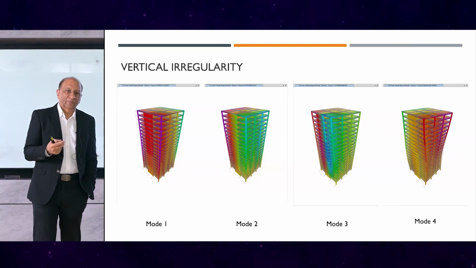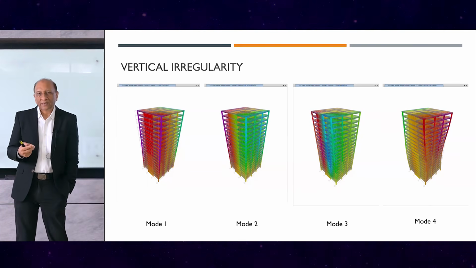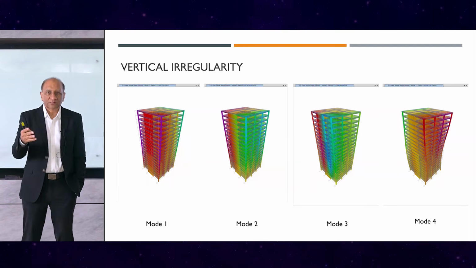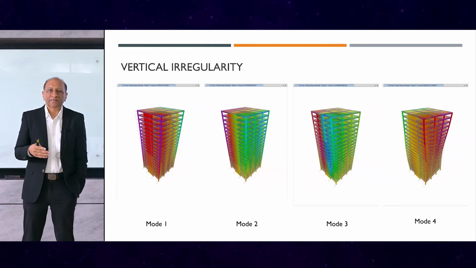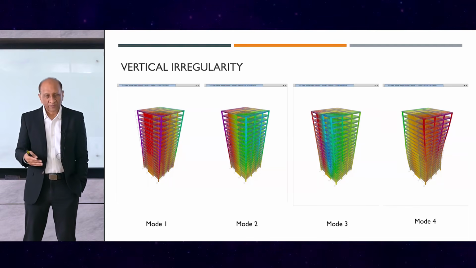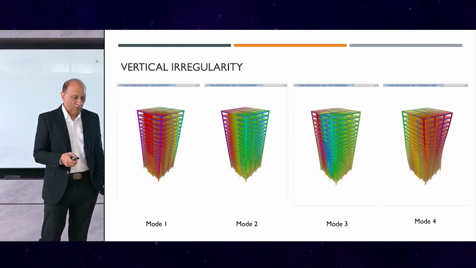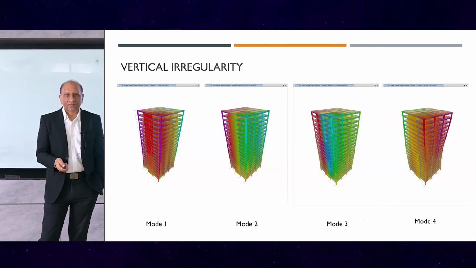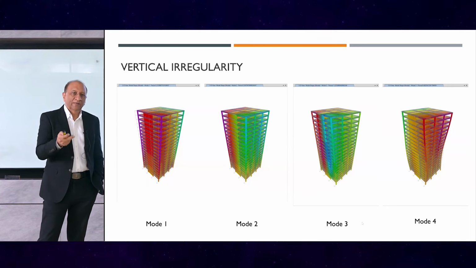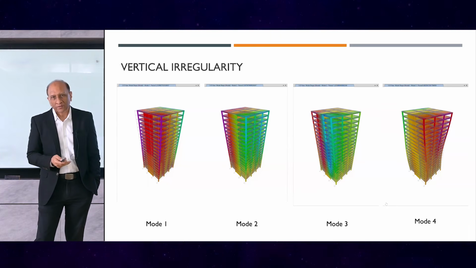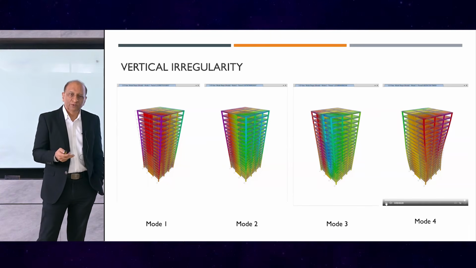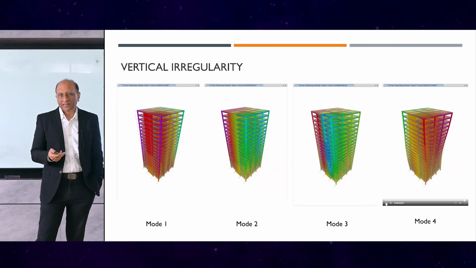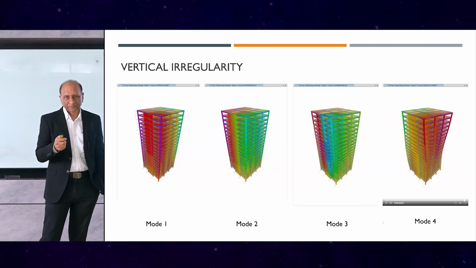So the movements are now becoming highly unpredictable, kind of, and the force distribution cannot be predicted by a typical 2D analysis or typical sort of structural response. It will be more complicated than that. So vertical irregularity in a building of this kind will probably be more harmful or more difficult to manage than the plan irregularity, which we can see clearly.